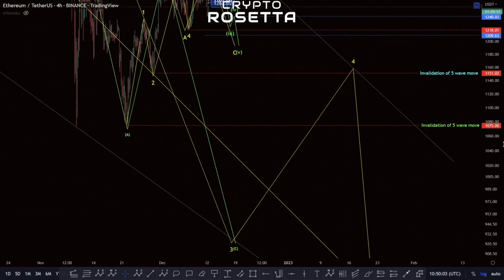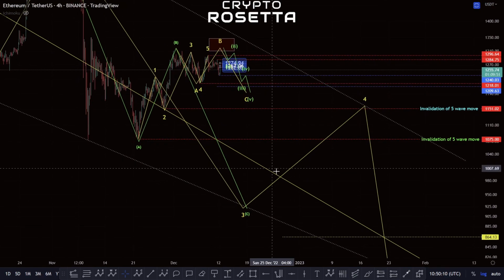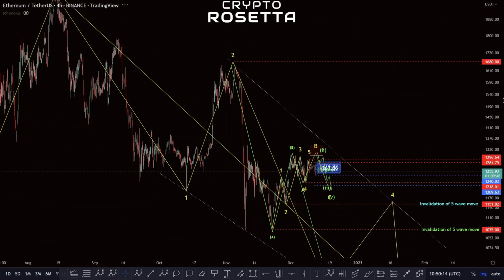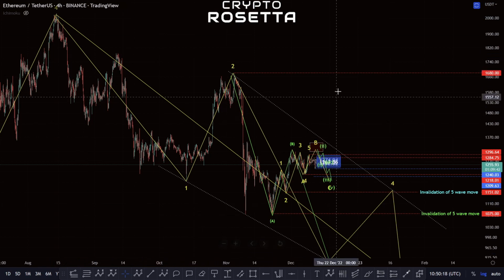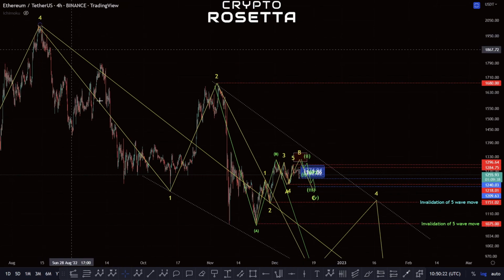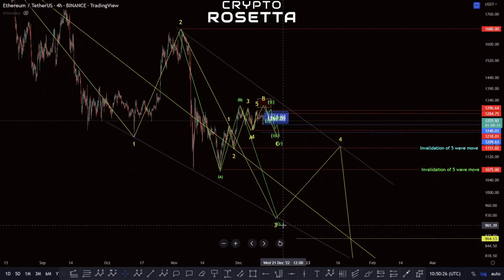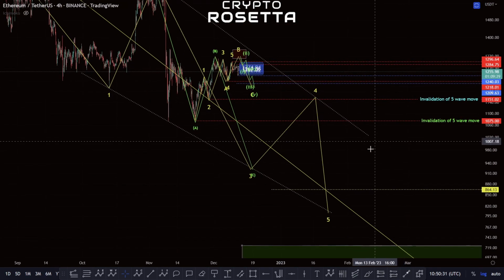However, should we start to break down, we'd be looking more towards this 864 area, potentially lower. It depends how exactly this move breaks down, because like we talked about earlier, we can treat this as a 1-2, 1-2, and then we're looking to form a bigger 3rd wave, or we can treat it as a diagonal, and basically we've got a 1-2, looking for a zigzag again down to the downside for a 3, 4, and a 5, and then that would look to complete.